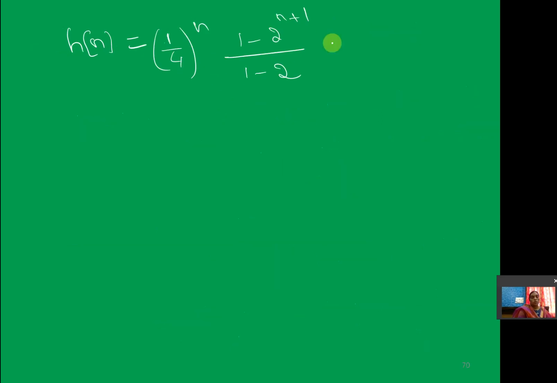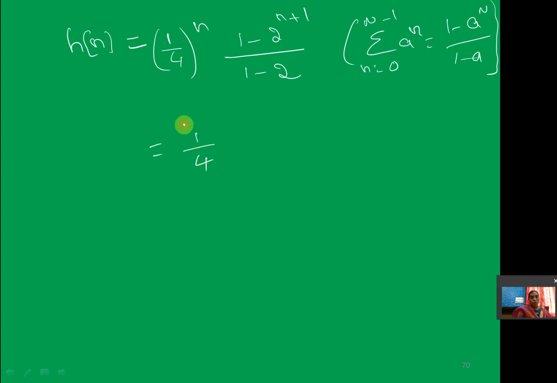Good. So now here the formula is summation a power n, n 0 to n minus 1, gives 1 minus a power n by 1 minus a. This one also discussed in the previous video. 1 by 4 whole power n, 1 minus 2 power n into 2 by minus 1.